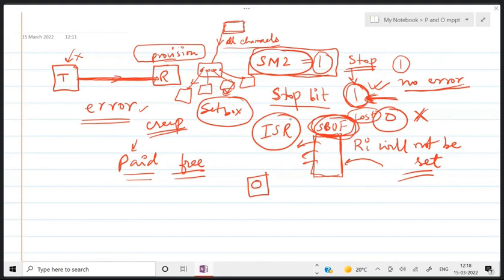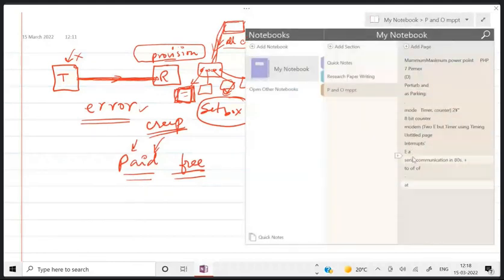That means this customer who does not want the paid channel won't be receiving it. Although all the channels are coming here, he will not be able to view that channel on his TV. Have I been able to convey the concept?